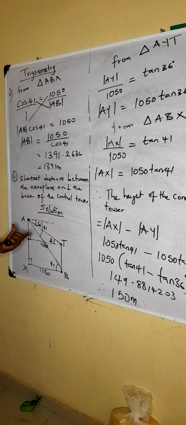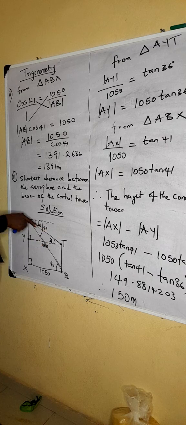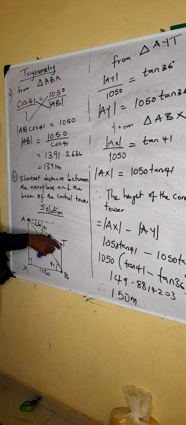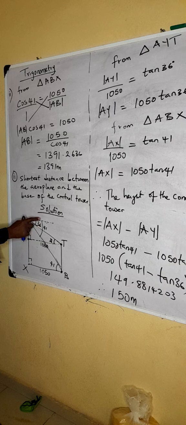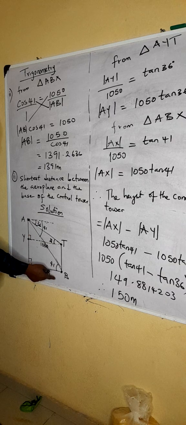So the diagram, remember, angle of depression is the angle between the horizontal and the point below you. So if you are looking at an object below you, the angle between the horizontal and your eyesight is the angle of depression. And just remember, the angle of depression is the same as the angle of elevation.